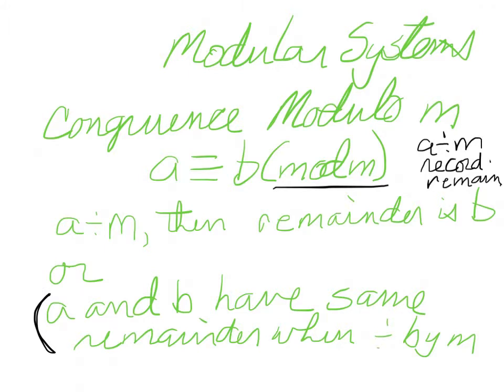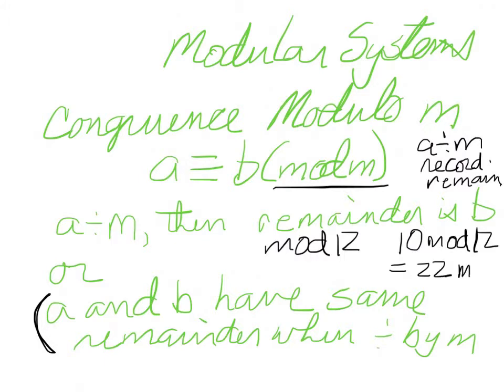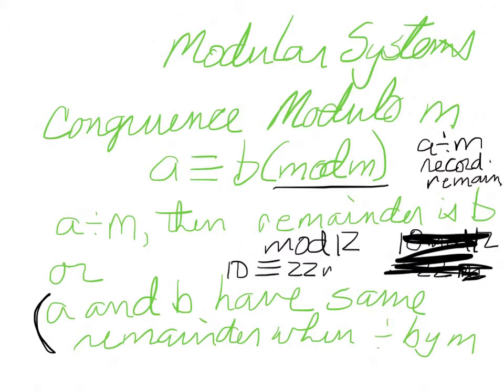For example, and this one becomes really helpful. For example, in mod 12, which is clock arithmetic, what if I said 10 is congruent to 22 mod 12?